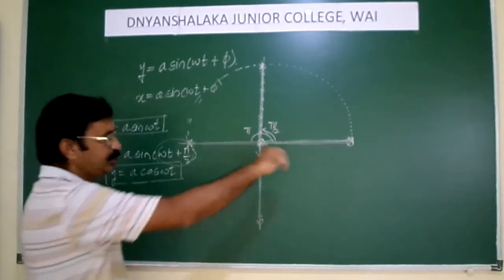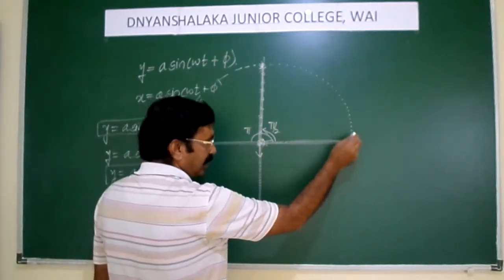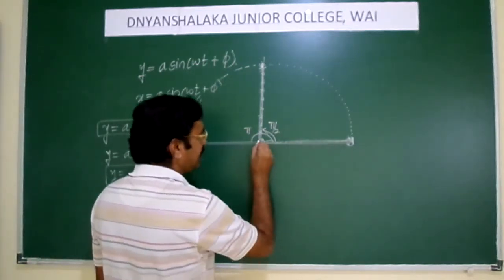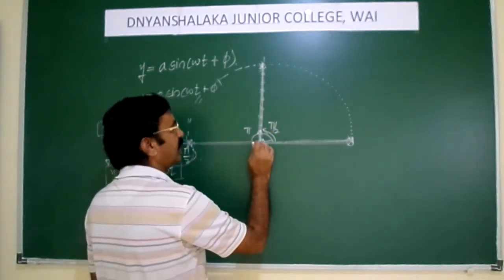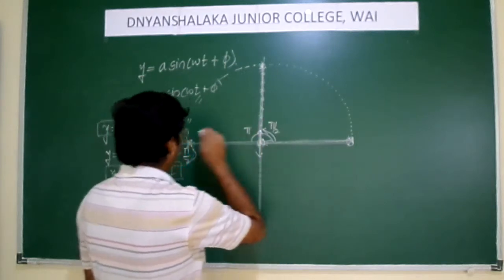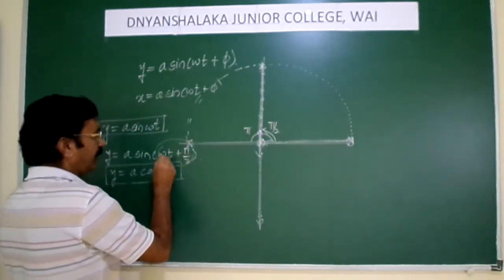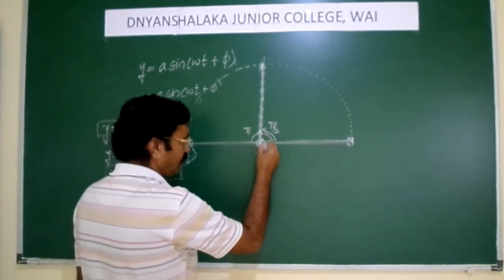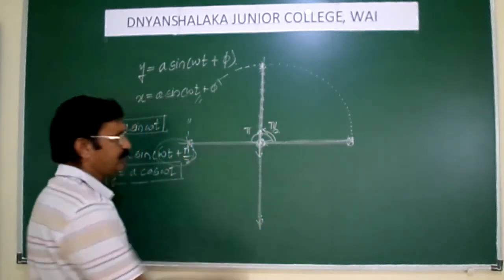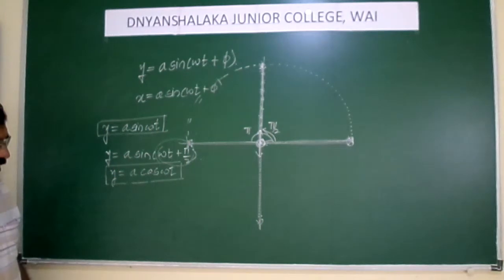Yes. Initially, when the particle is at the x-axis on the right hand side, the particle tends to move in the upper side. Its displacement is on the upper side. When the phase becomes omega t plus pi, now the particle, its projection is on the origin and the displacement direction is downward.